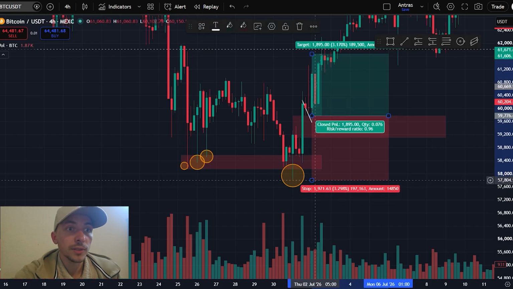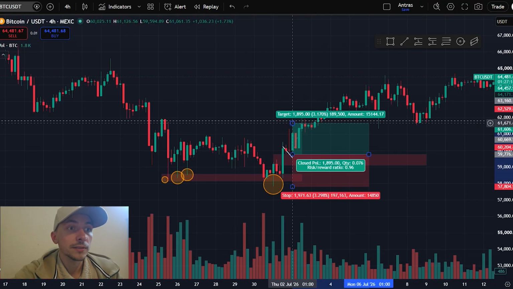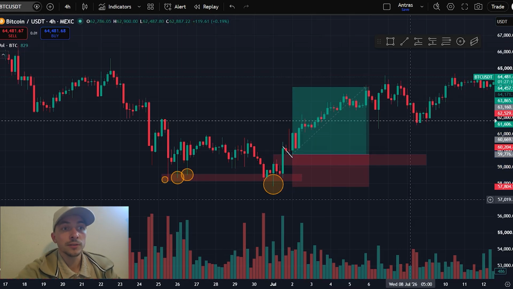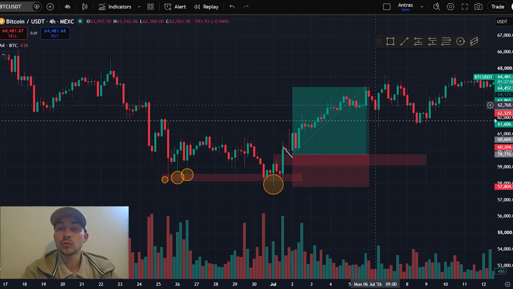Stop loss below our liquidity grab, and our take profit is 1 to 2 risk reward, which is the most optimal. In this case we had an amazing trade with 1 to 2 risk reward. So you can see it's pretty simple.